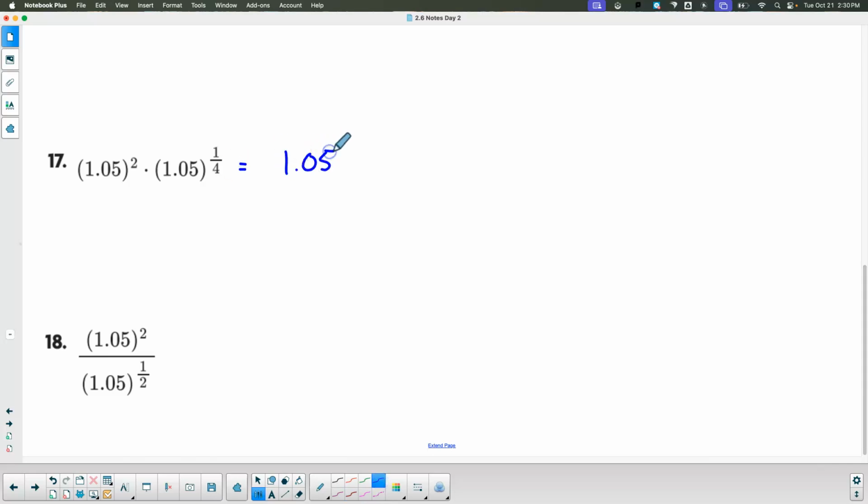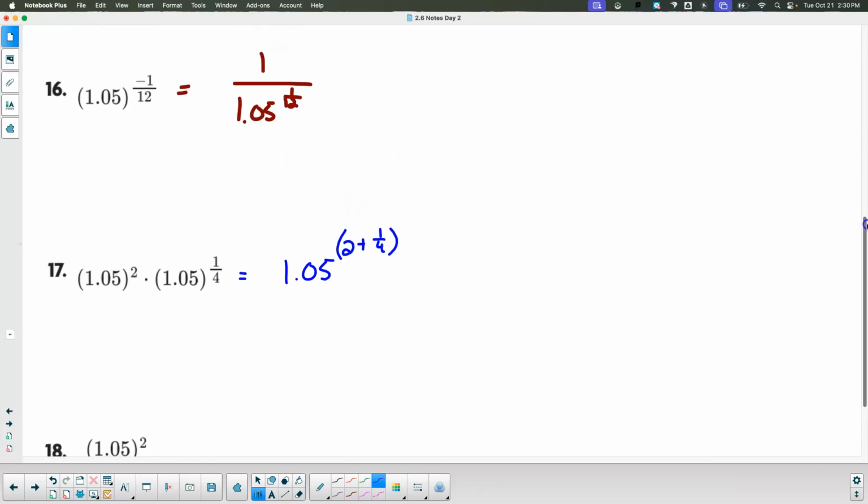What is 2 plus 1/4? What's up? Sure. We'll go back to it right now. I'm sure people are still thinking. I just made the exponent positive. It's 1/12 on the bottom, not negative 1/12. What do you got, Andrew?